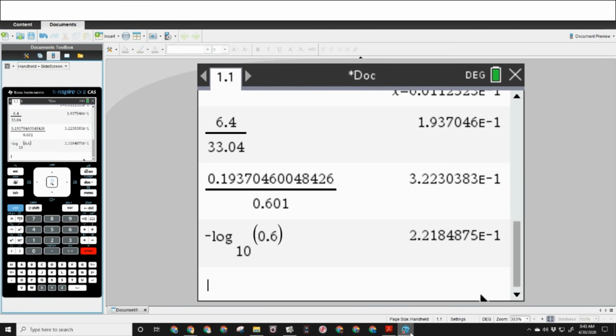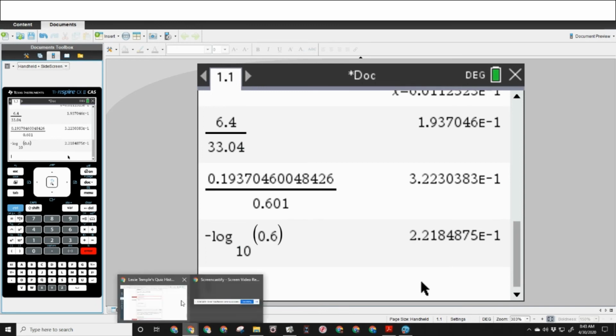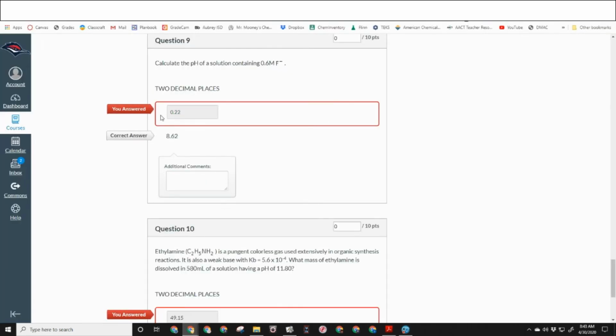So that's what the calculator tells you: 2.2 times 10 to the negative 1, or 0.22. Okay, so I'll slap a 0.22 in there. Got it wrong. Sorry.